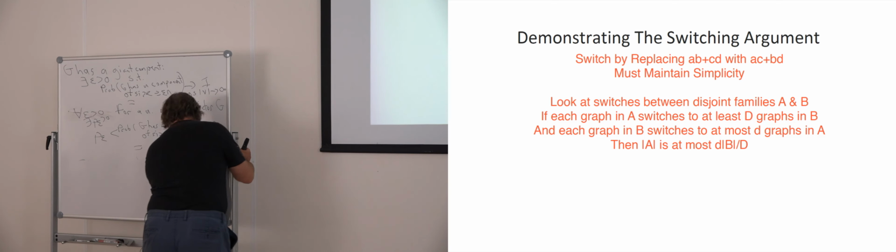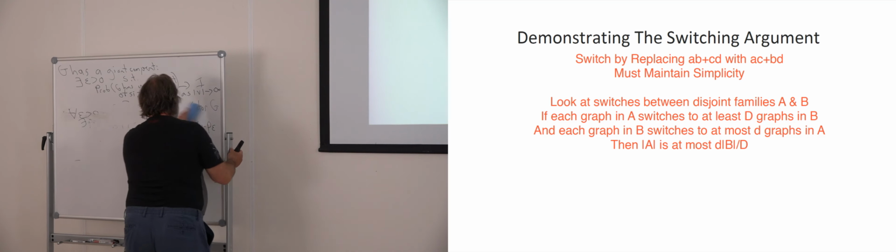And maybe just a last word about how we prove things about switching. Maybe Colin showed you this, I wasn't here on Monday, but if he did, I'll just remind you.